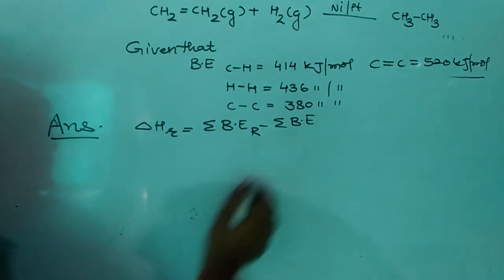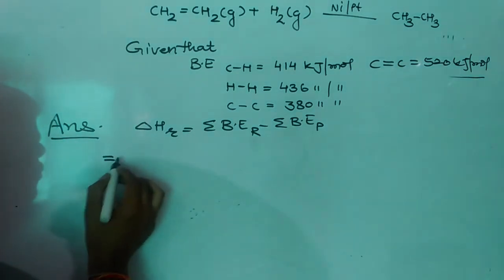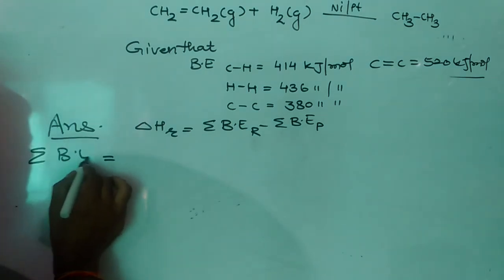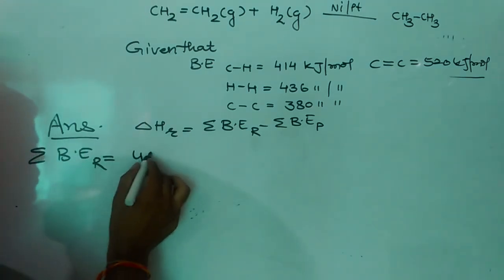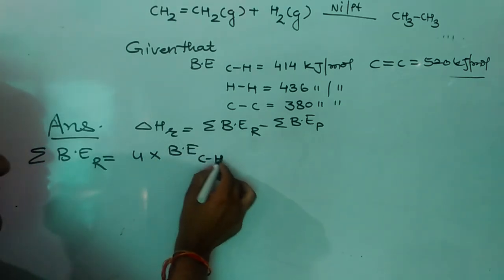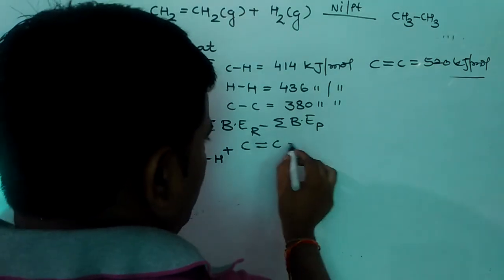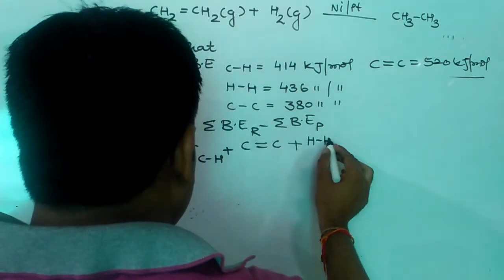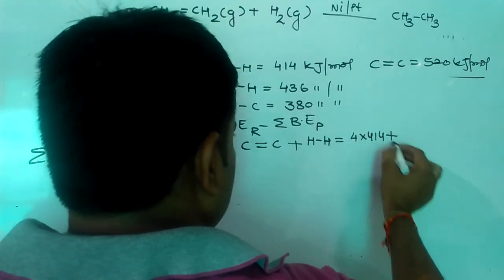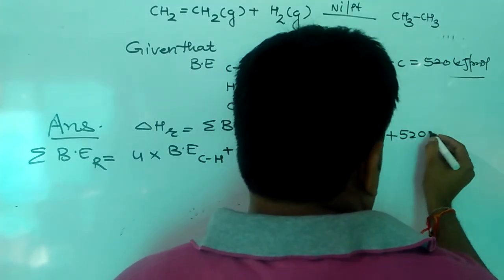So for reactants minus products, for reactants there are 4 carbon-hydrogen bonds. The summation of bond enthalpy of reactants will be 4 into bond enthalpy of carbon-hydrogen bond plus 1 carbon double bond plus 1 hydrogen-hydrogen bond. So that will be 4 into 414 plus 520 plus 436.